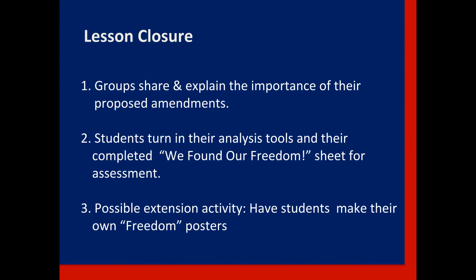Also, you want to look for a reasonable proposed amendment and what the reasons are for it, their justification. And finally, you also want to look for evidence of their group decision-making skills in reaching consensus, because that gets to the skills and dispositions that we also want to make sure students gain in addition to the knowledge of the 4 freedoms and the Bill of Rights.